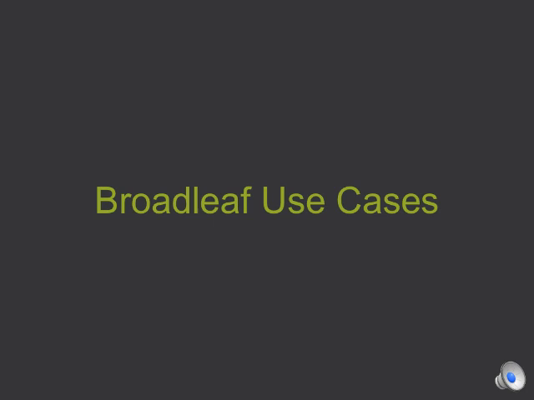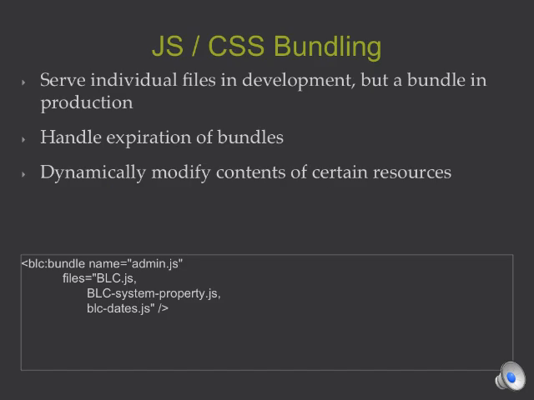Okay. So let's talk about just a few things that we've done at Broadleaf that leverage these Thymeleaf concepts that provide some nice features. So we've got the ability to provide JavaScript and CSS bundling. In development, you want all your files how they are so that you can debug and do all sorts of things. But you might want to bundle those as one JavaScript file whenever you're running in production for performance reasons.